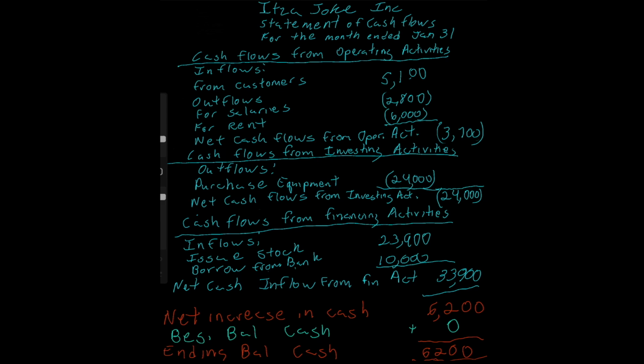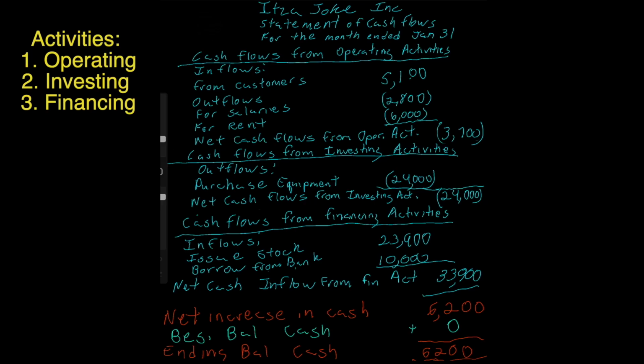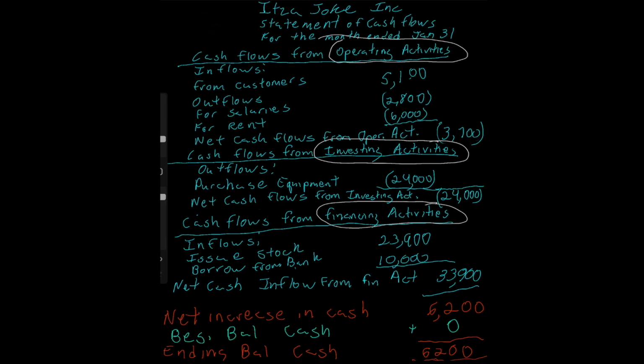So basically this statement summarizes all of the cash flow activities for a period into three categories: operating activities, which are the first, investing activities, which are the second, and last but not least, financing activities. Each one of those activities will report whether an inflow or an outflow. Inflow meaning money coming in, outflow meaning money going out.